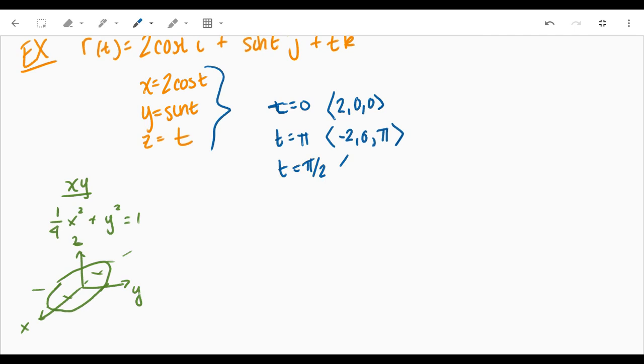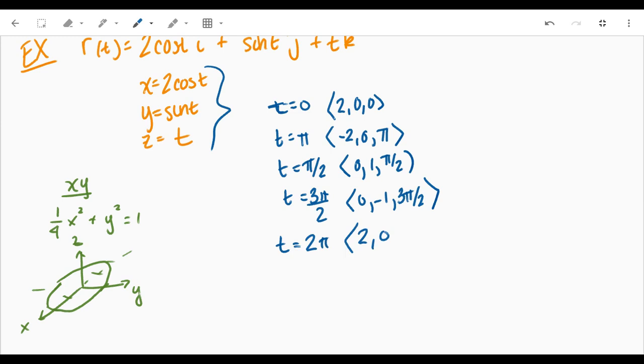You're going to have the point 0, 1, pi over 2. You can think about t being 3 pi over 2. You're going to have 0, negative 1, 3 pi over 2. I don't know why my brain isn't wrapping around the 2D part, or the 3D part of this. 2, 0, 2 pi. Like that. Okay, so you can kind of get some points on it.